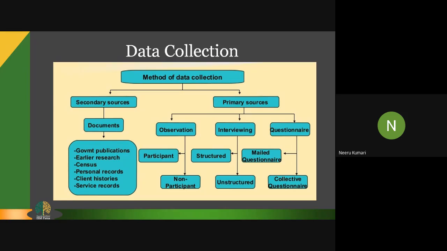Moving ahead, when we talk about interview, there is a difference between questionnaire and interview. In a questionnaire, we just share the list of questions and we wait for a response. Whereas in an interview, we have face-to-face interaction. Always remember, there is a person speaking or sharing information and waiting for the response from the respondent.